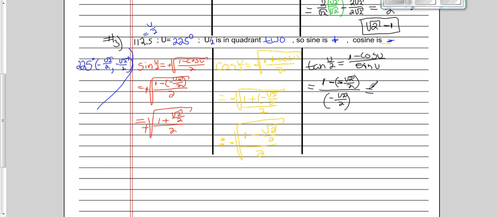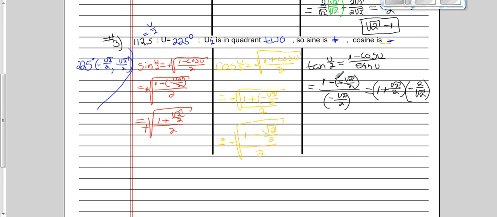And I'm going to go to work here on this one. And I know that this is going to be 1 plus, sorry, negative times a negative, square root of 2 over 2, times the reciprocal here. So this is negative 2 over square root of 2. Okay, so a few less steps here. I'm just trying to make it a little bit quicker for some of you guys.